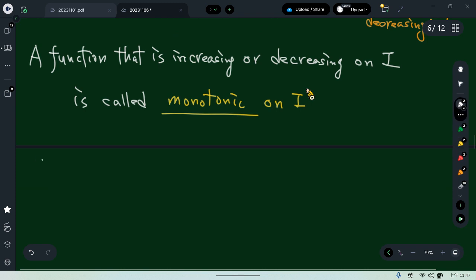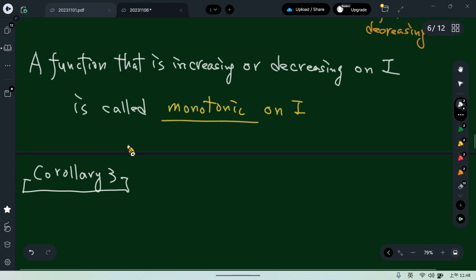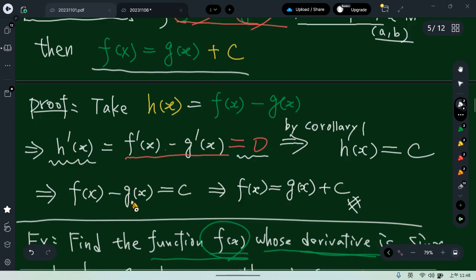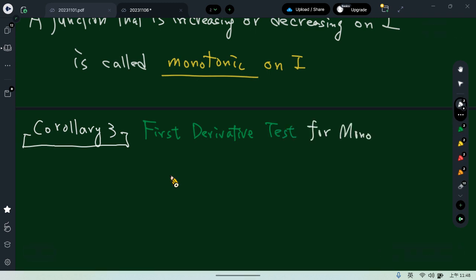Okay, I will show you corollary 3. Corollary 3 is just extended from the mean value theorem, so that's why we call it corollary 3. We already know corollary 1 and corollary 2, and right now we focus on corollary 3. This is the first derivative test for monotonic functions.